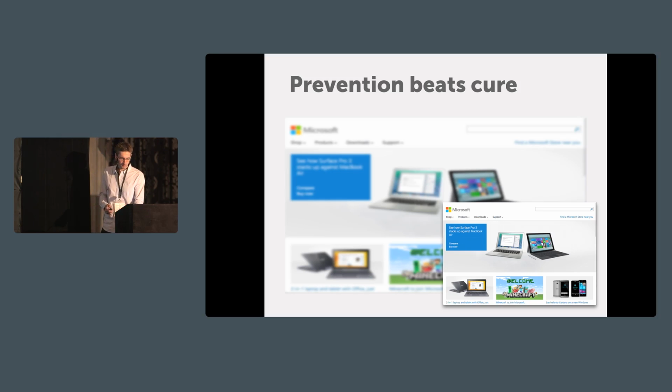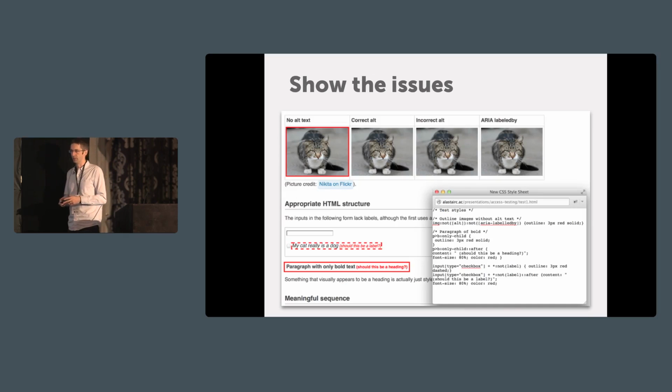Something else you can do, if your content management system has a preview, you can load a custom style sheet that will show lots of errors. So the principle being, if it is wrong, make it look wrong. This was a test page I did for testing accessibility checkers. I'm not going to go through the CSS, but very simple things.